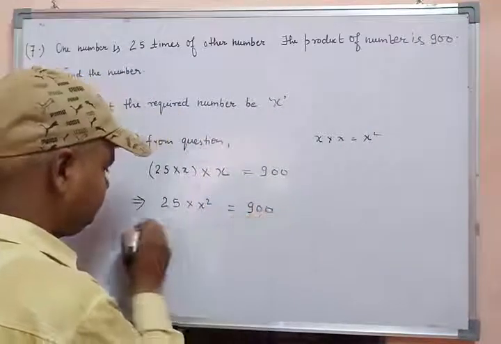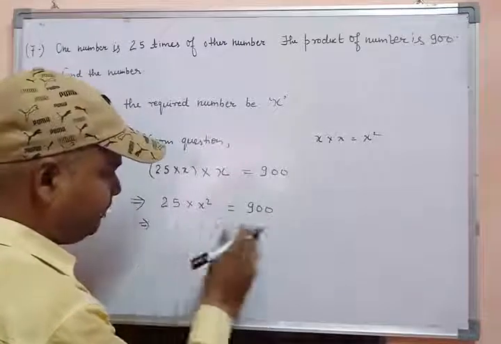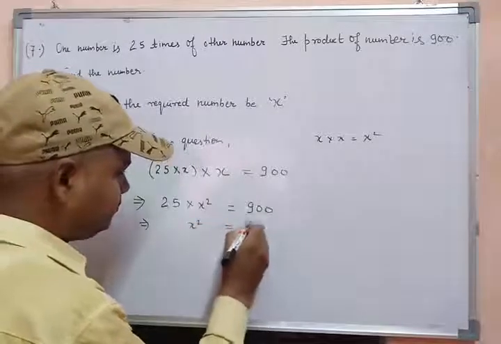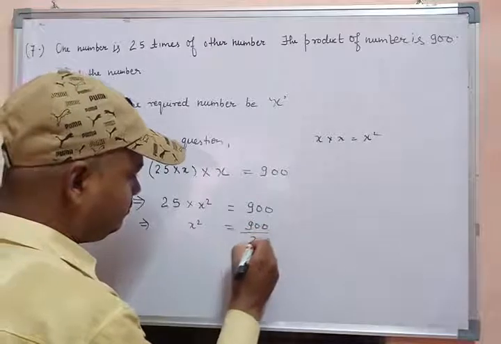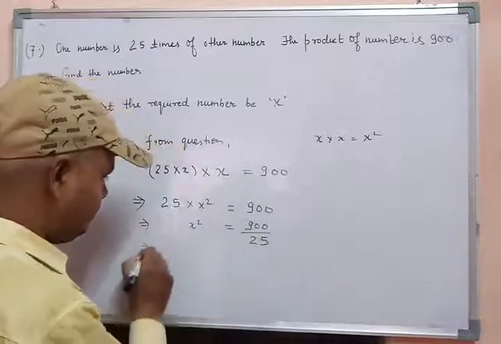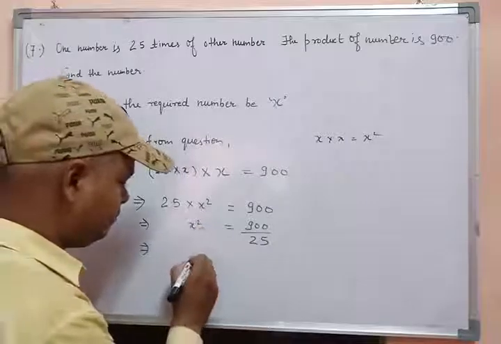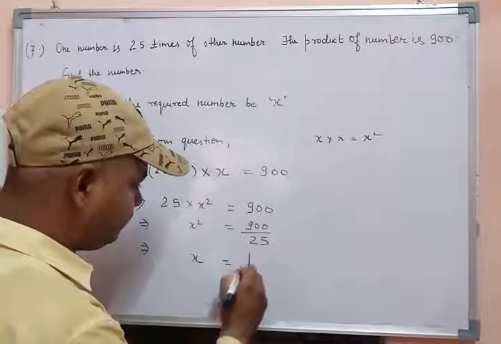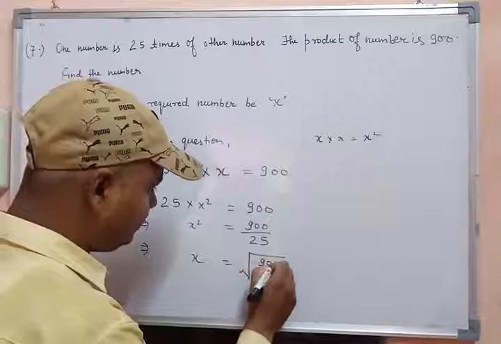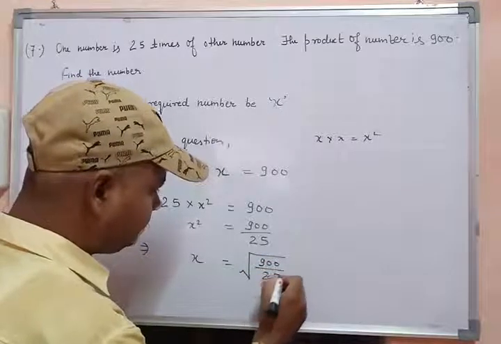Now this 25 can be shifted as 900 upon 25. Now here if you want to remove this square, then you have to write a square root symbol, 900 upon 25.